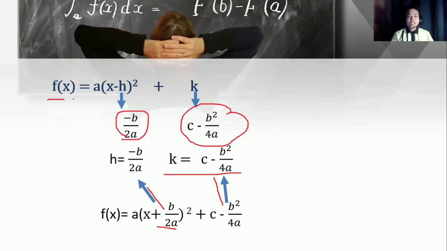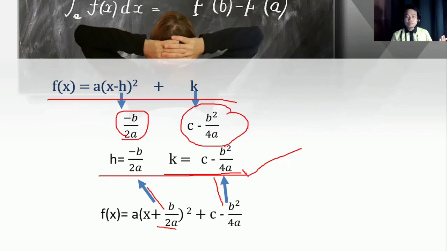Now the vertex form is f of x equals a times the quantity of x minus h squared plus k. So pwede natin gamitin yung formula to determine the vertex and our vertex form from the standard form of quadratic functions. So pwede natin gamitin itong HK formula, mga anak.